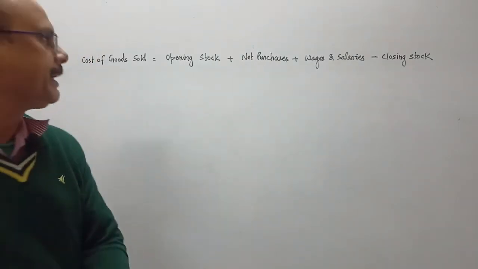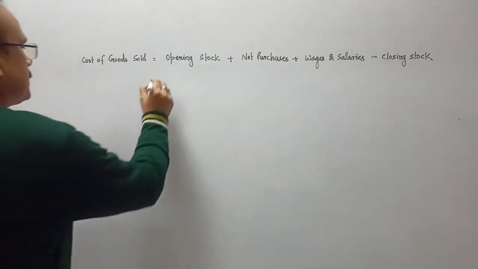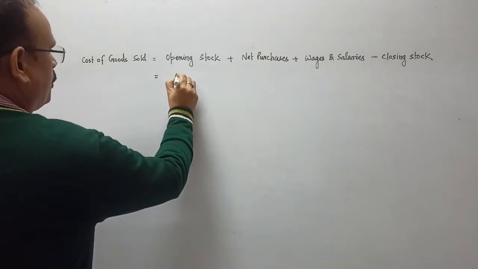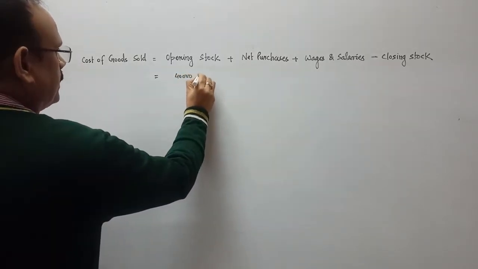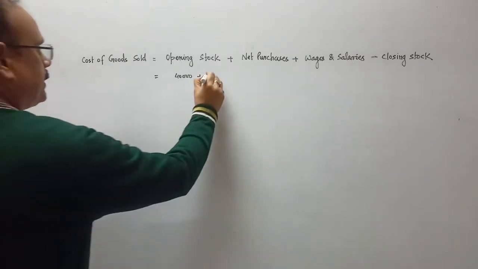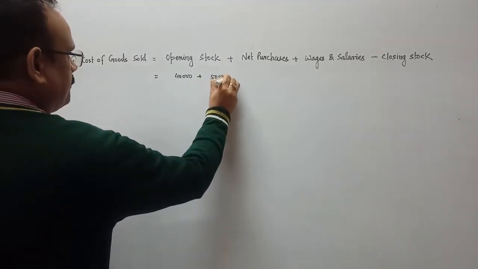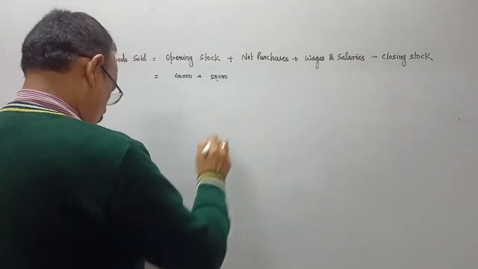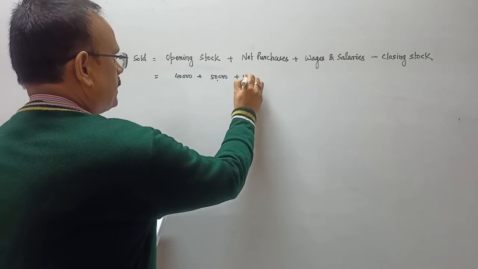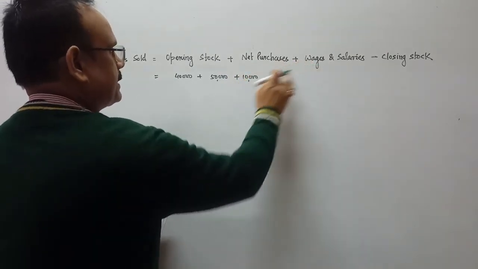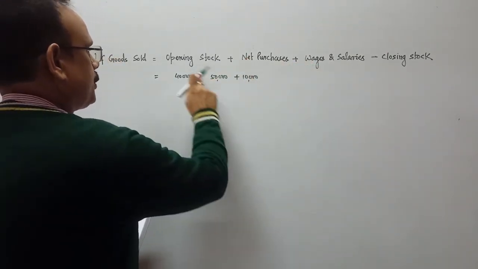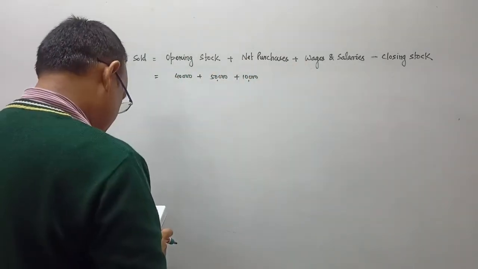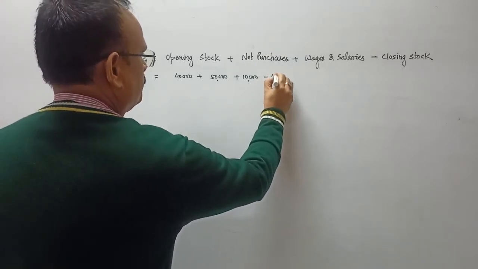See the opening stock in this question is 40,000. Net purchase is 50,000. Wages and salary is 10,000. Closing stock is 15,000, which you deduct.